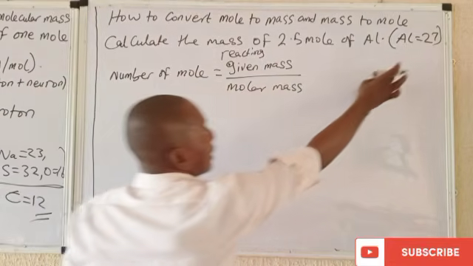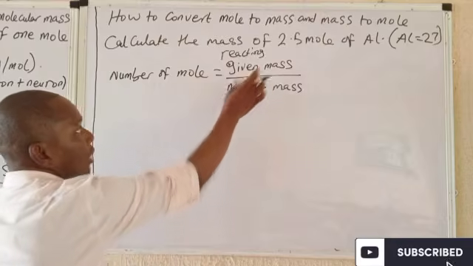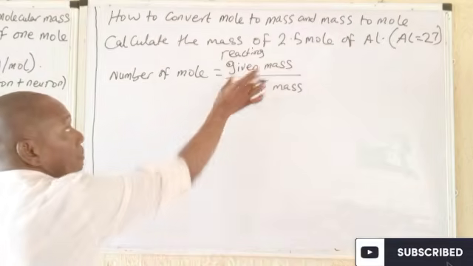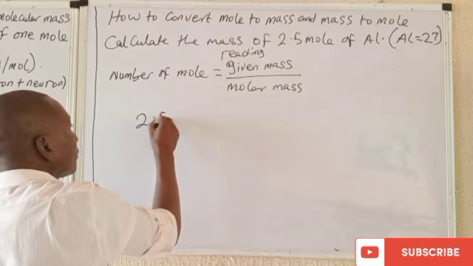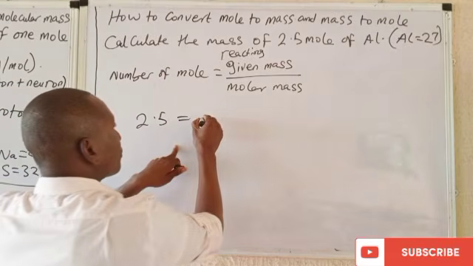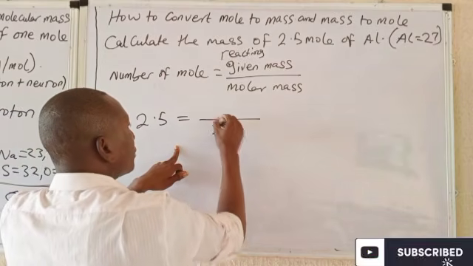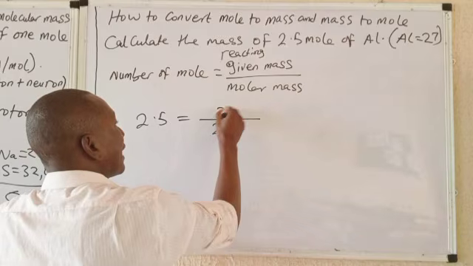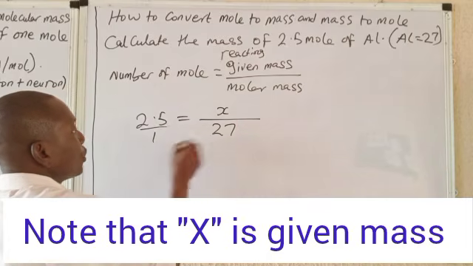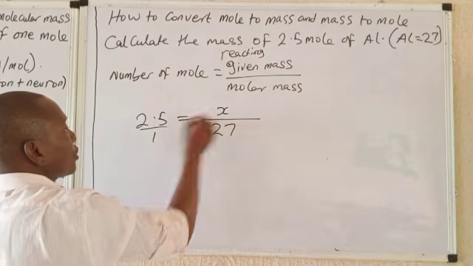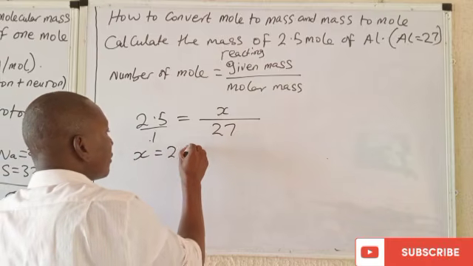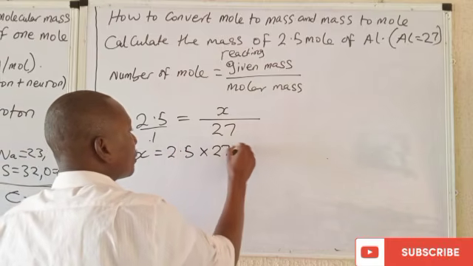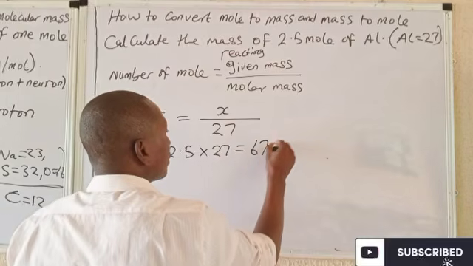The molar mass is 27 gram per mole, and you are going to calculate the mass. So let's put 2.5 is equal to 27 all over x. Now you can do your cross multiplication. Use this to multiply this, use this to multiply this. Now I have x is equal to 2.5 times 27, and our final answer is 67.5.